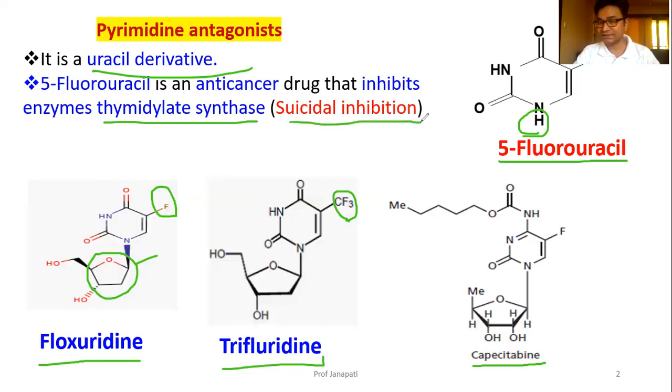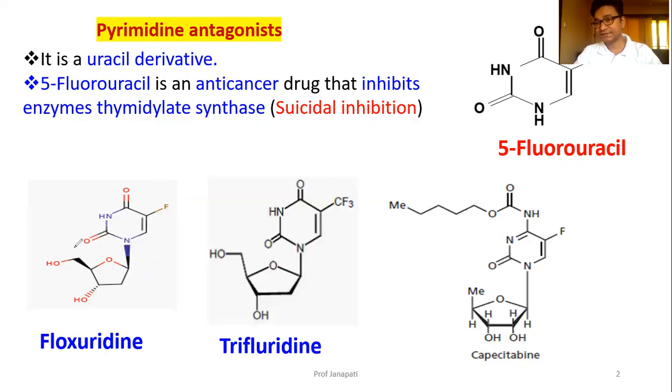During the process, just like terrorists, they blow up. Even this drug, 5-fluorouracil, will be destroyed itself. All these drugs in the body are converted to 5-fluorouracil. All these drugs are prodrugs. They get sugar and phosphate in the body, then they block activity.